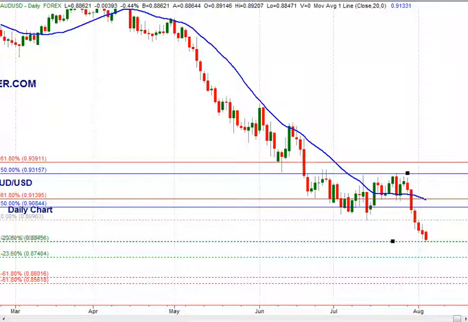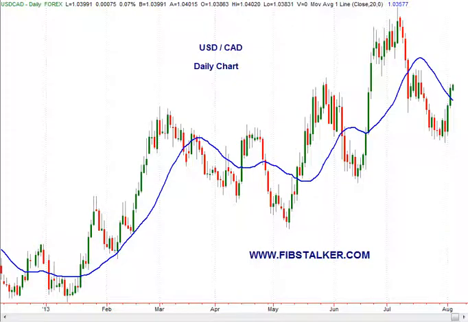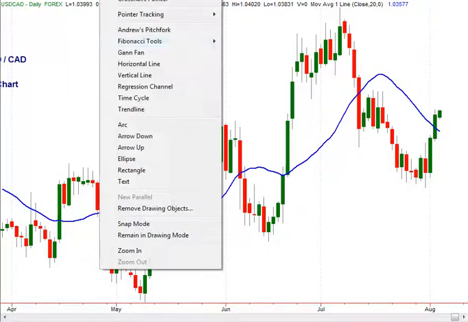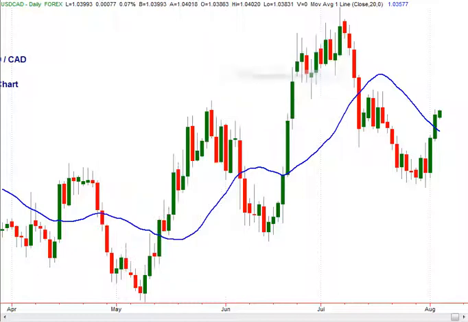Finally, the US dollar versus the Canadian dollar. This pair started a counter move higher, actually mid last week, and to identify the next level of resistance, we need to look at what program trading has been using so far.